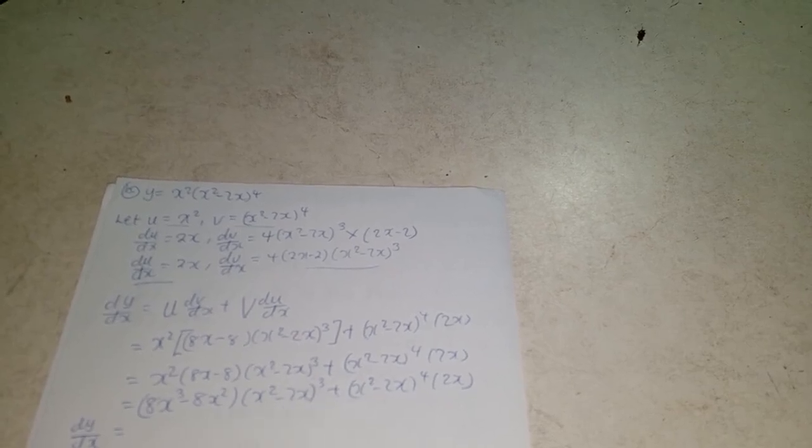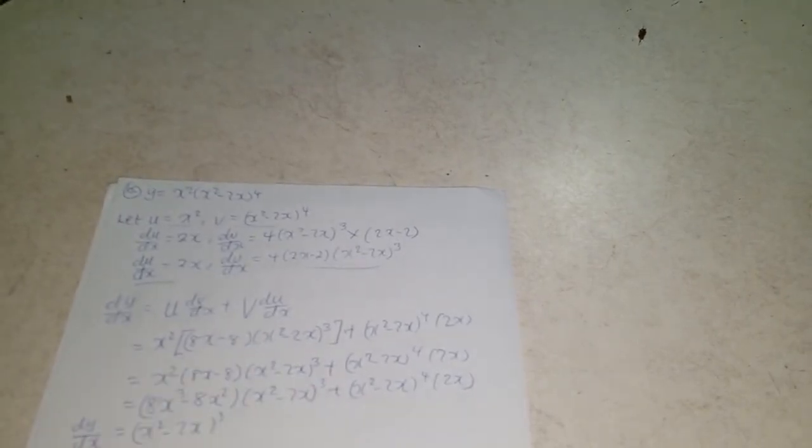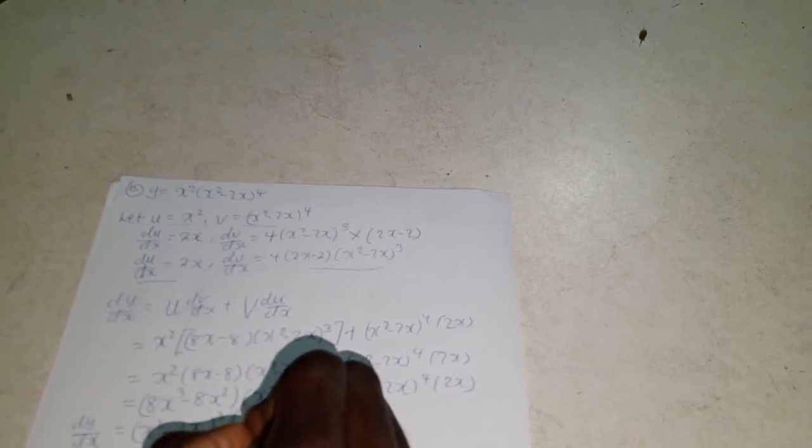So we're going to factor out the smaller one, which is x squared minus 2x raised to the power 3, multiplied by what? Multiplied by this, 8x cubed minus 8x squared. That's what we have right there.